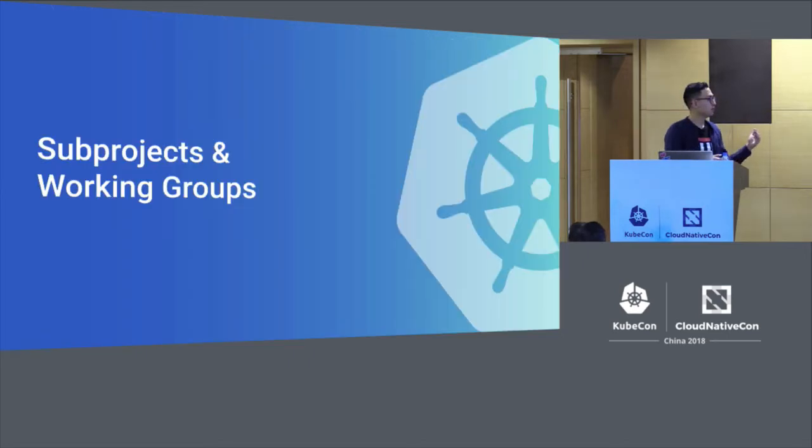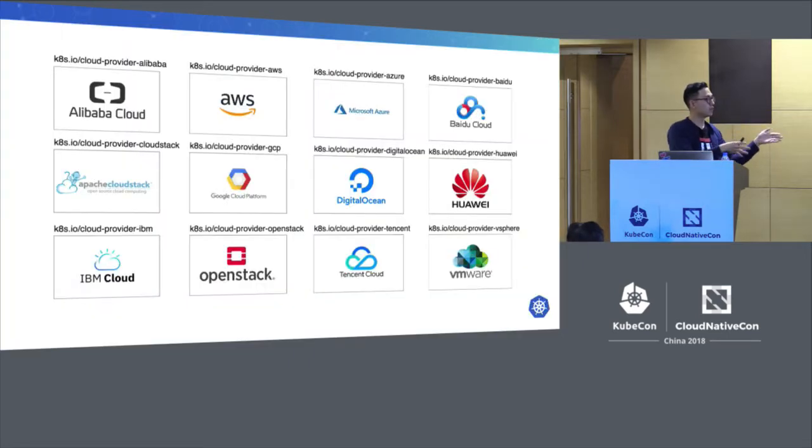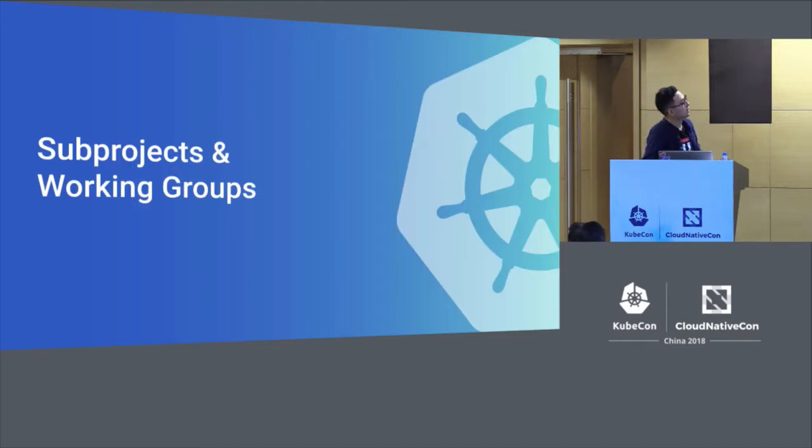And so this is the main motivation for why we're trying to shift towards a model where providers fall under one single SIG instead of each provider getting their own SIG. In my deep dive tomorrow, I'm going to talk more about our plan for that going forward. So, subprojects and working groups.